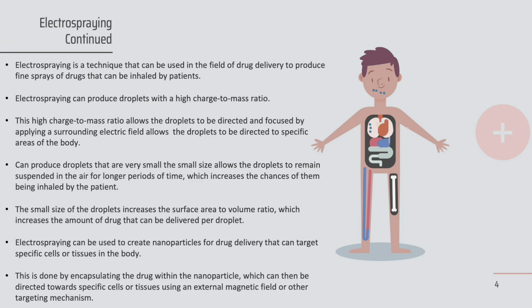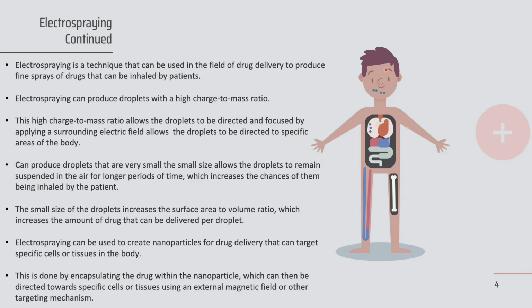One of the main advantages of electrospray for drug delivery is that it can produce droplets with a high charge to mass ratio. This high charge to mass ratio allows the droplets to be directed and focused by applying a surrounding electric field. This means that the droplets can be directed towards specific areas of the lungs or even other parts of the body. Here is an example that I created.